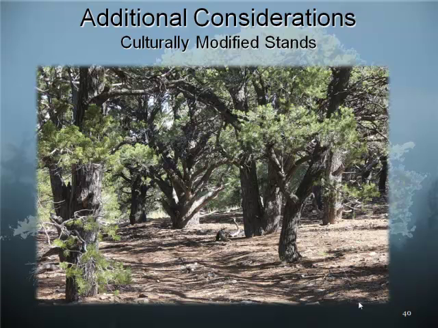It looks a little denser than it really was. I actually stuck the wrong slide in there, but when I realized that, it was too late. But this may have been a stand that was culturally modified by Native Americans for pine nut production, and it's really a quite old stand.